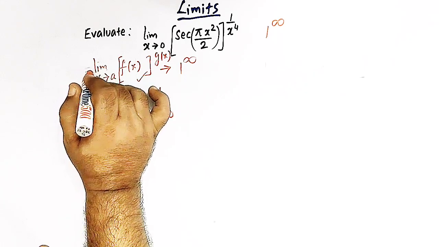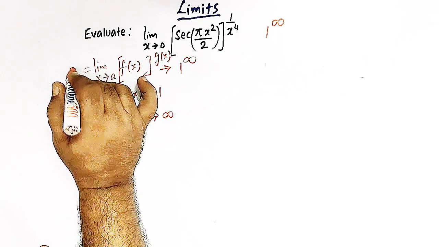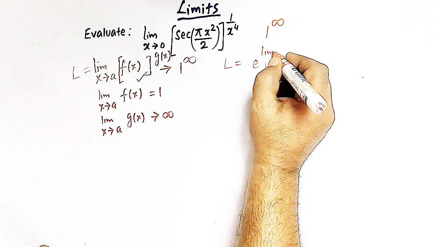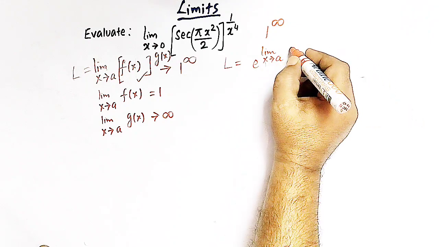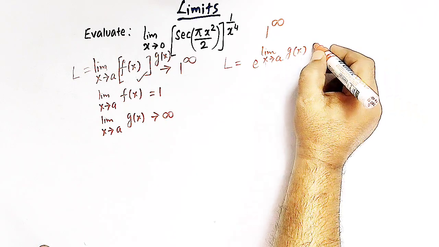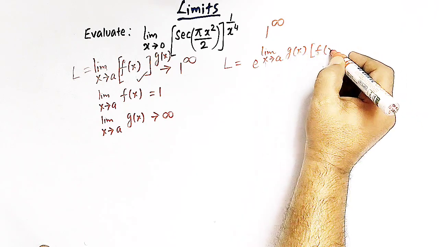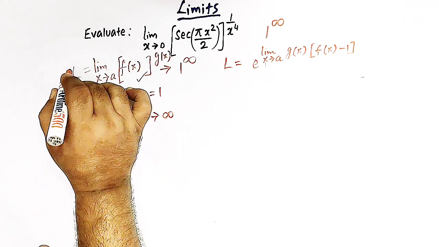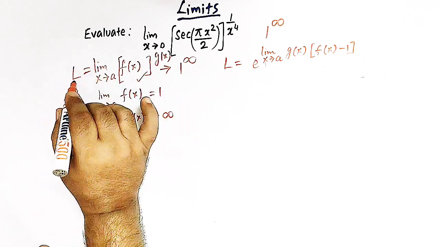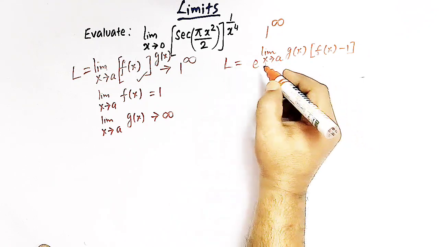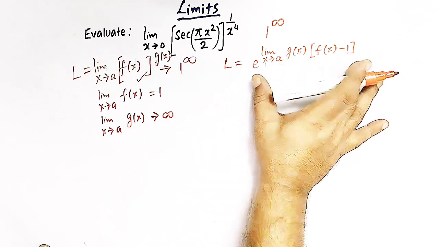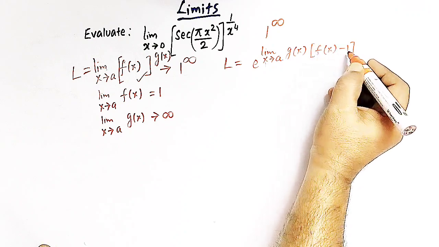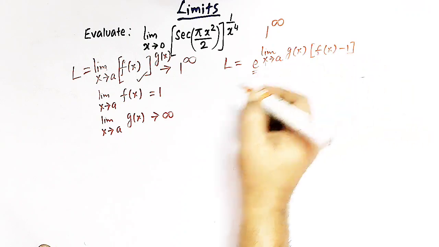Suppose the value of this limit is taken as L. Then this L is given by e raised to the limit x tends to a of g of x multiplied with f of x minus 1, where e is the famous Euler number.